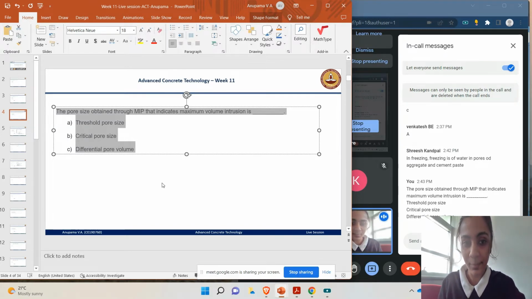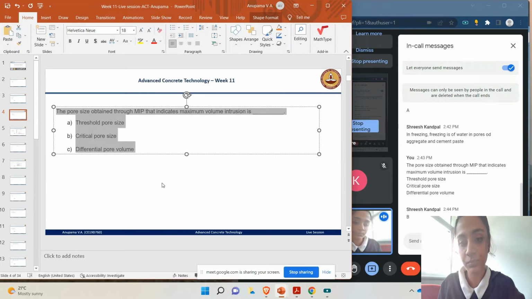So, what is that parameter which indicates maximum volume intrusion? Is it the threshold pore size, or is it the critical pore size, or is it the differential pore volume?